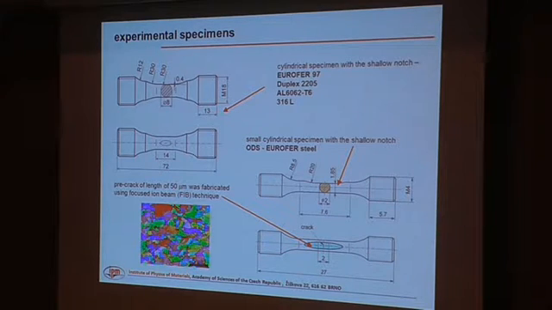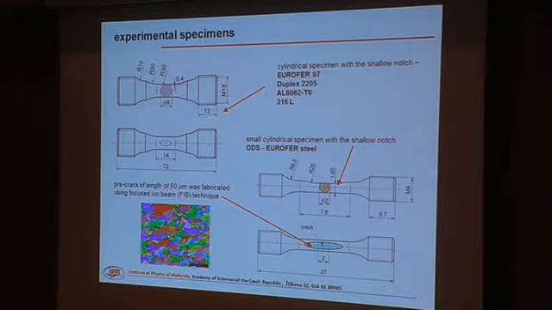And only for this ODS Eurofer steel a miniaturized specimen was developed, due to the really small amount of material available. In this case, the diameter of the specimen is about 2 millimeters.